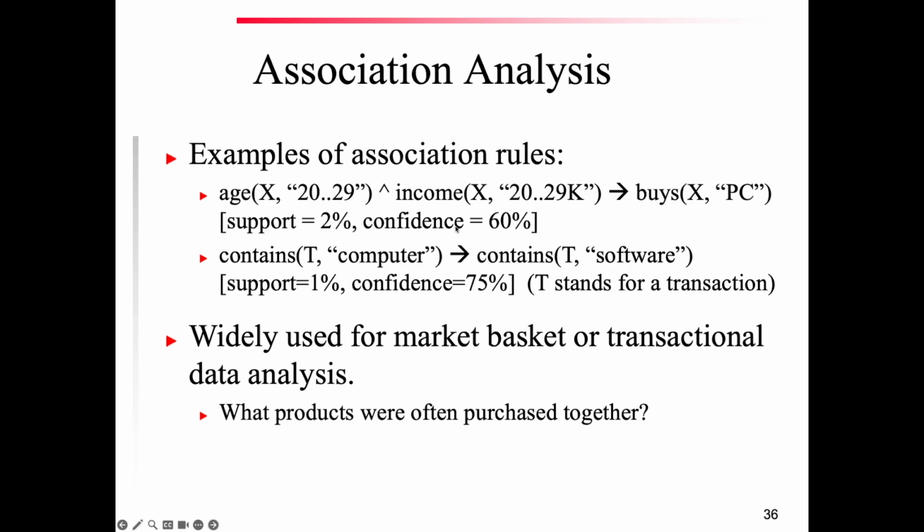So it's kind of finding some rules of association in your data, right? Is it clear? And it's widely used for market basket or transactional data. For example, what products are often purchased together.